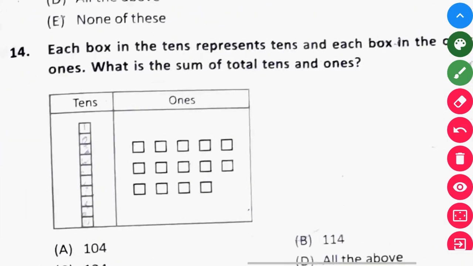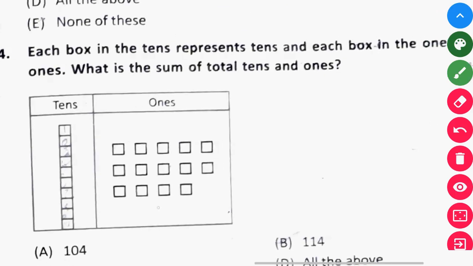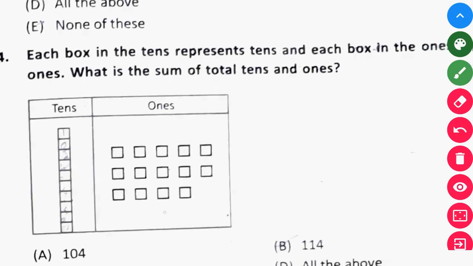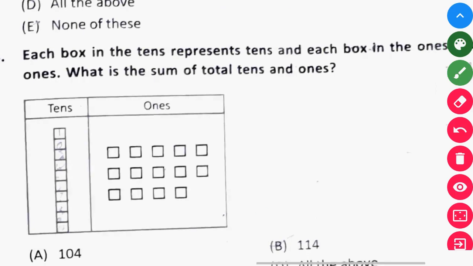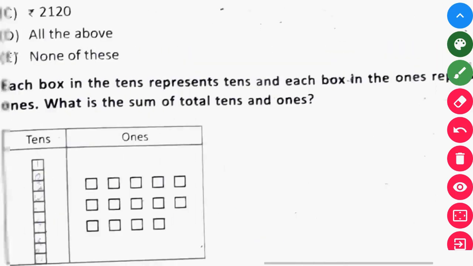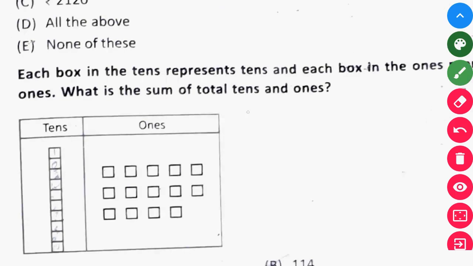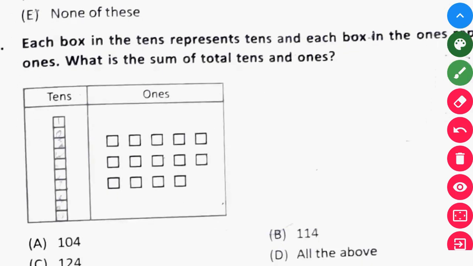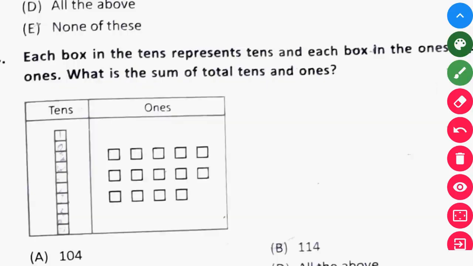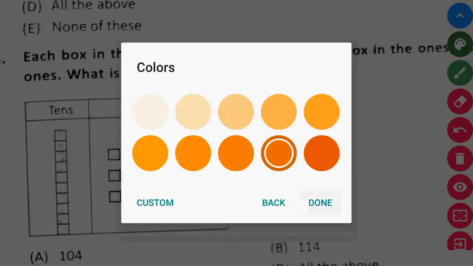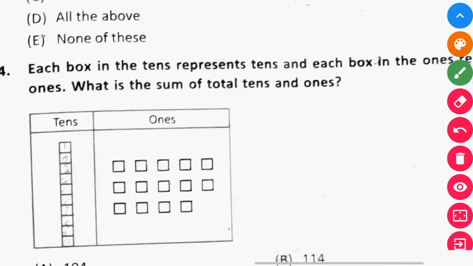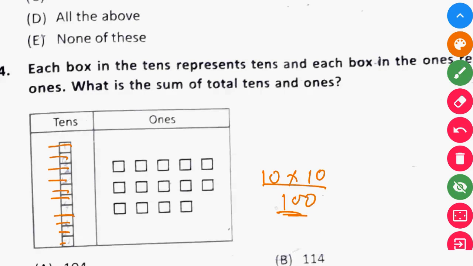Now here each box in the tens represents tens and each box in the ones represents ones. What is the sum of total tens and ones? Now calculate the tens. How many tens are here? 1, 2, 3, 4, 5, 6, 7, 8, 9, 10. 10 tens means 100.